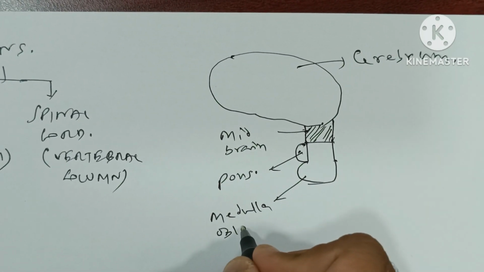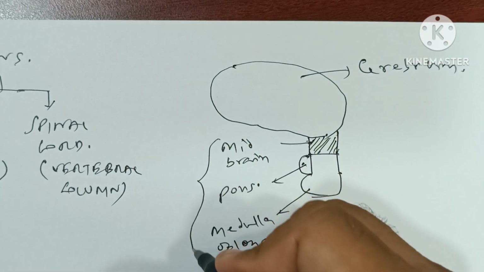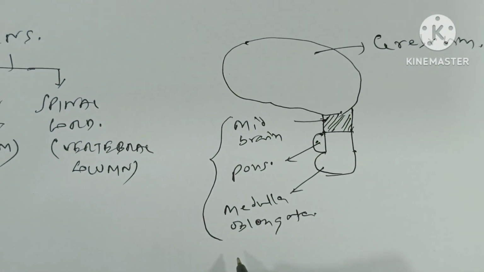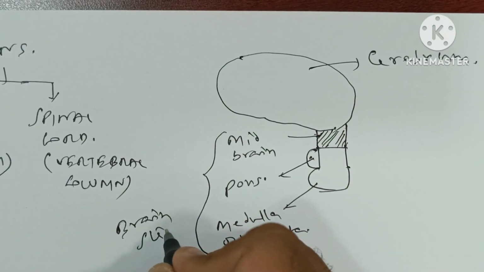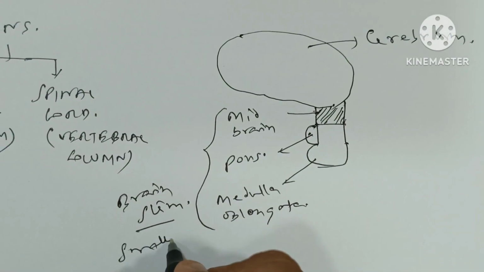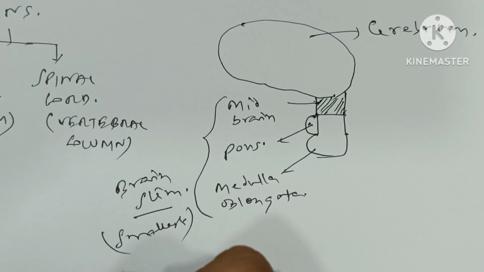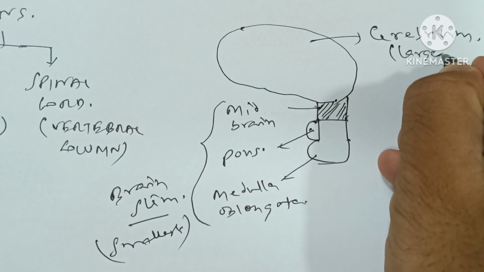The midbrain, pons and medulla oblongata comprise the brainstem. This brainstem is the smallest part of the brain and the cerebrum is the largest part of the brain.